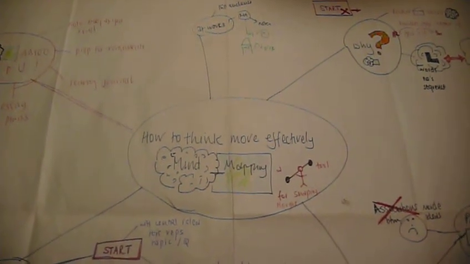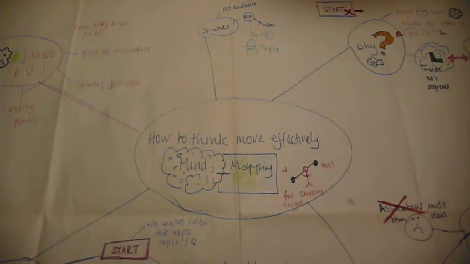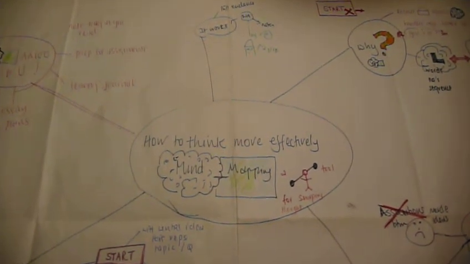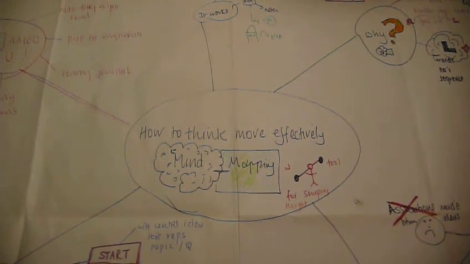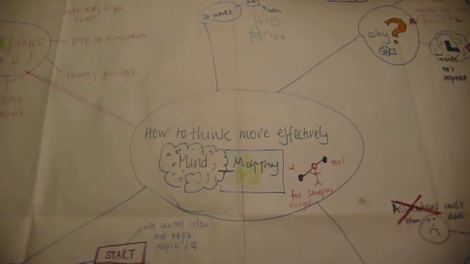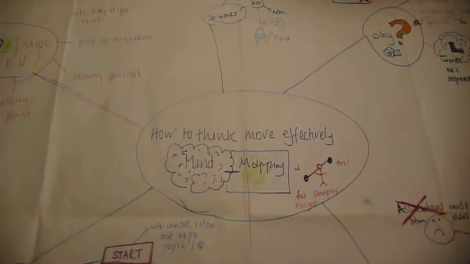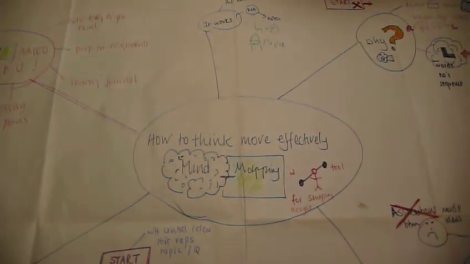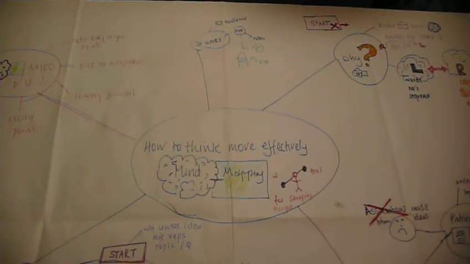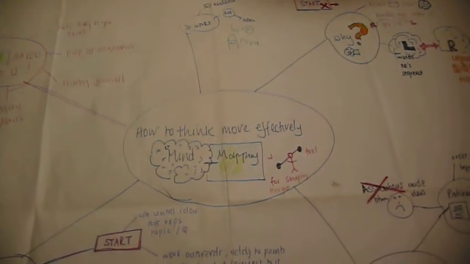Here I've got how to think more effectively, mind mapping, and the little guy there holding the weights, that's a symbol that tells me that what I'm going to remind myself is that mind mapping is a powerful tool for shaping thought. I'll explain the use of cartoons in a minute.